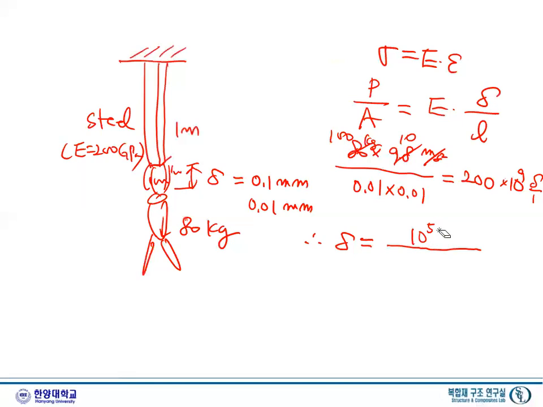Oh, sorry. 10 to the 7, right? And divide by 200 and 10 to the 9 meters.